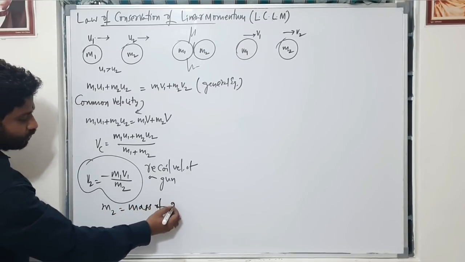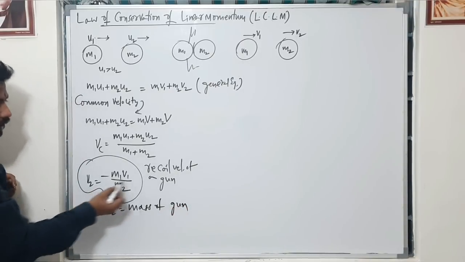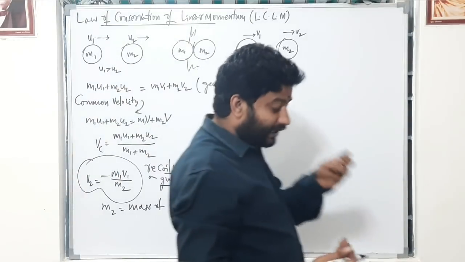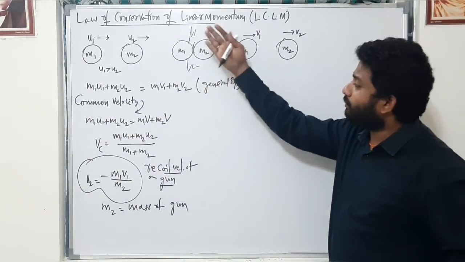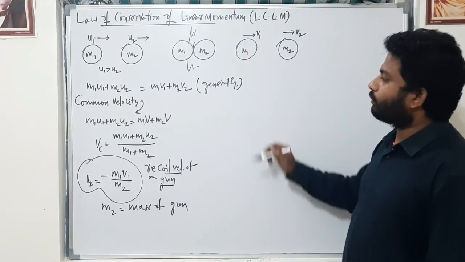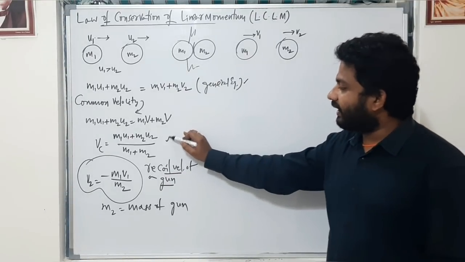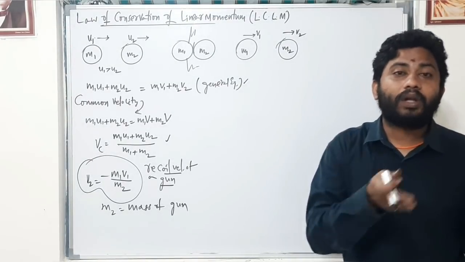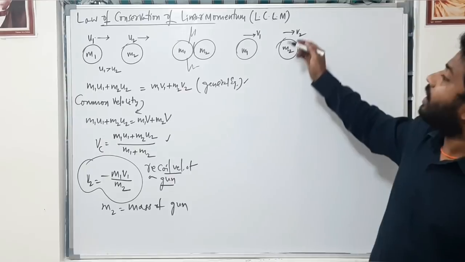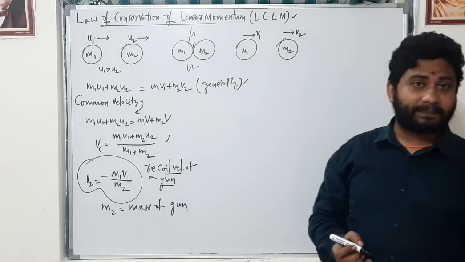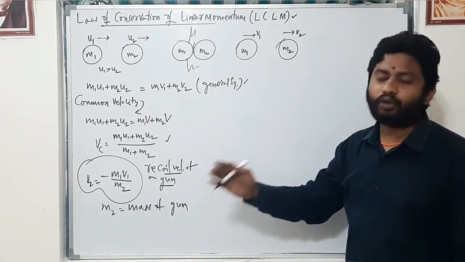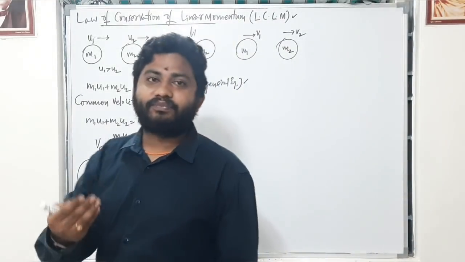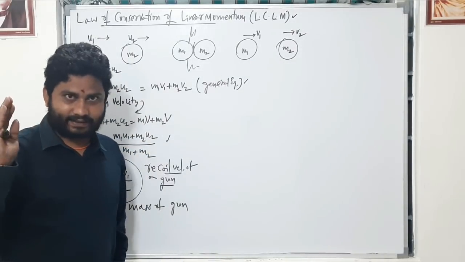Clear? v2 is the recoil velocity of a gun, right? Let us try to recollect all these three basic formulas: the general equation, common velocity and recoil velocity. Even in the 11th standard, you will be getting numericals based on this law of conservation of linear momentum, from these formulas only. Let's solve how the questions will be asked from this concept in today's class, right?